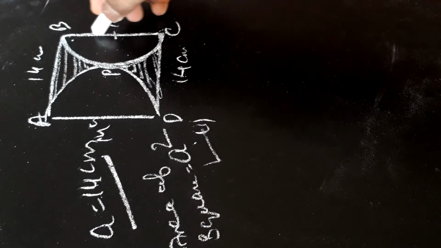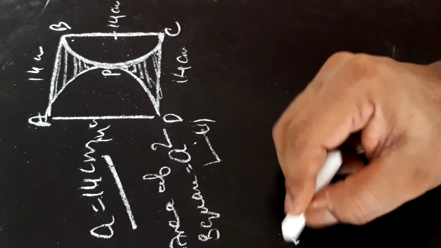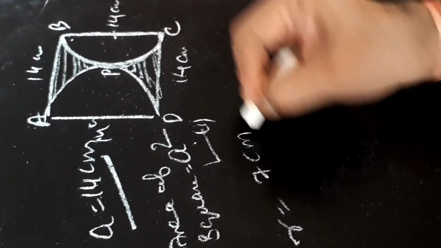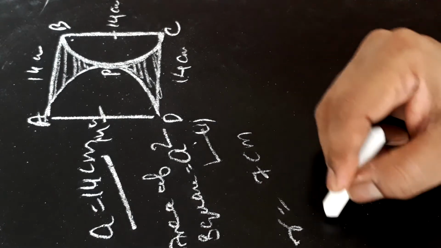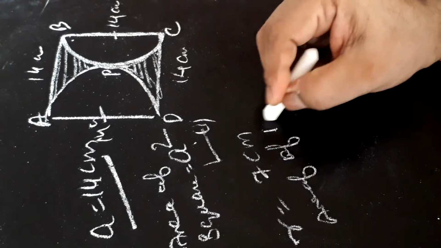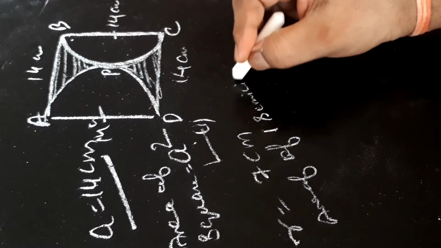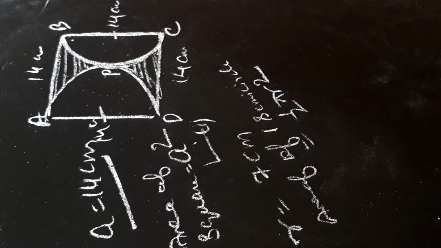We can see the diameter of this is 14 centimeter, therefore the radius of this semicircle will be 7 centimeter, and the radius of this semicircle will also be 7 centimeter. We will find the area of one semicircle, that is 1 by 2 pi r square, half pi r square.